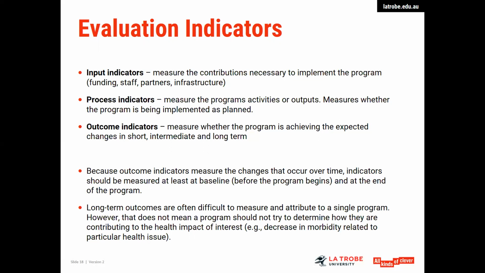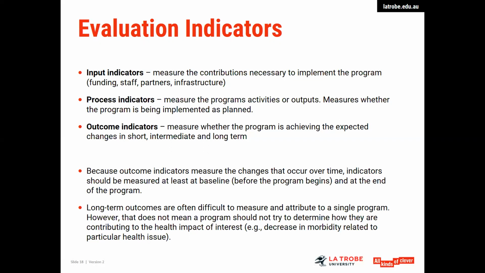Okay. Our process indicators measure the program's activities or the outputs. So these measure whether our program has been implemented as planned. Okay. So for example, our indicators may be around levels of participant satisfaction.